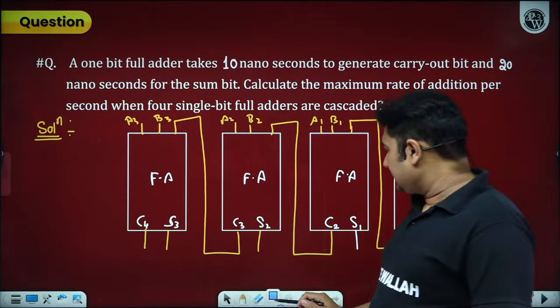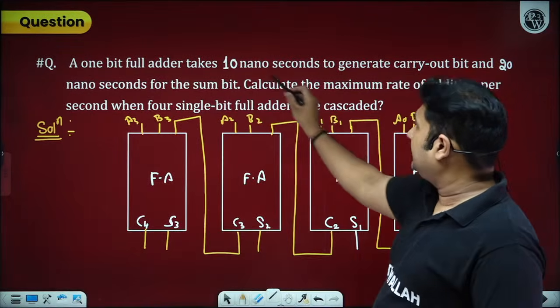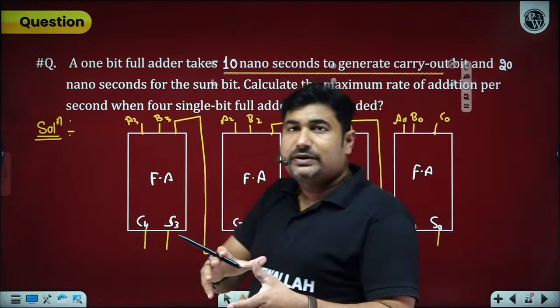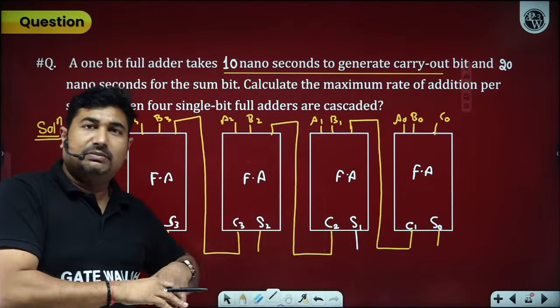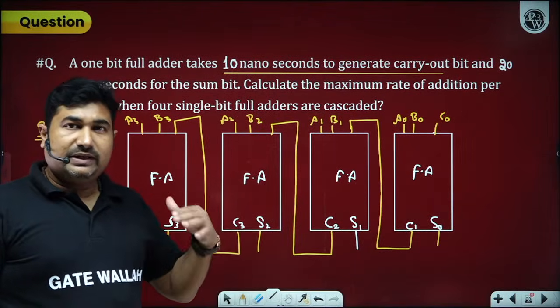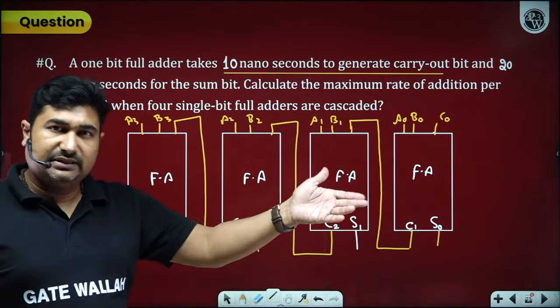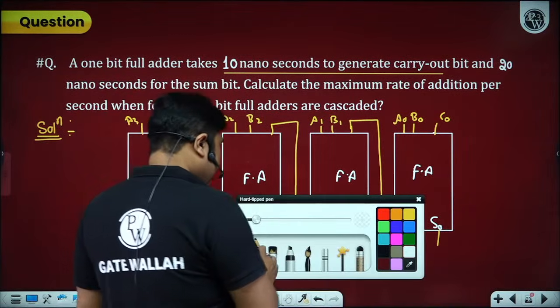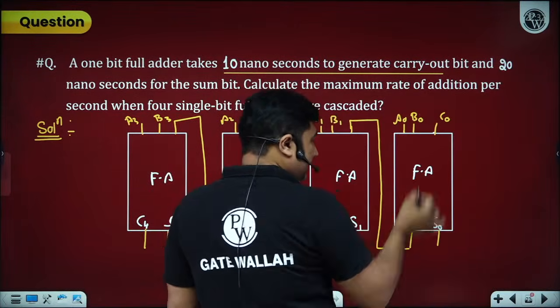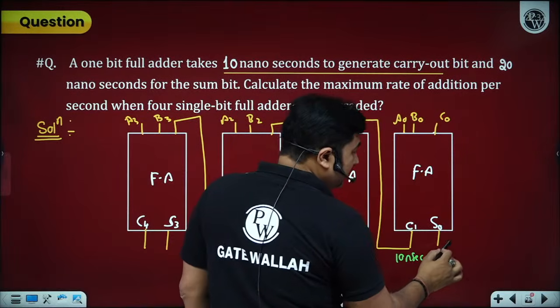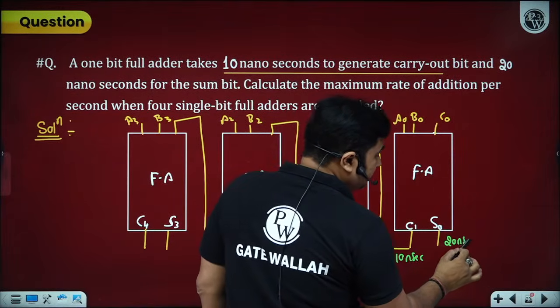It takes 10 nanoseconds to generate the carry bit. It means the AND gate and OR gate operation of a full adder is performed in just 10 nanoseconds. However, the A XOR B XOR C operation takes 20 nanoseconds. So it takes 10 nanoseconds to generate the carry bit and 20 nanoseconds to generate the sum bit.